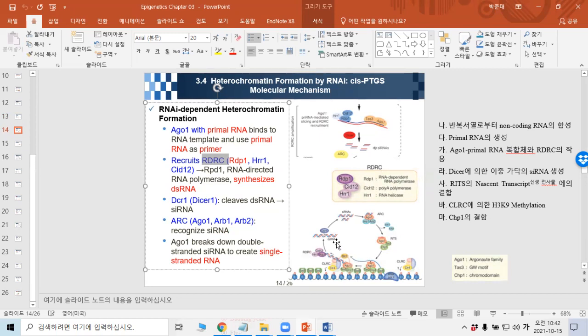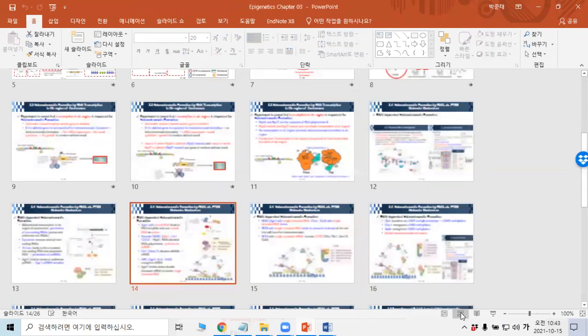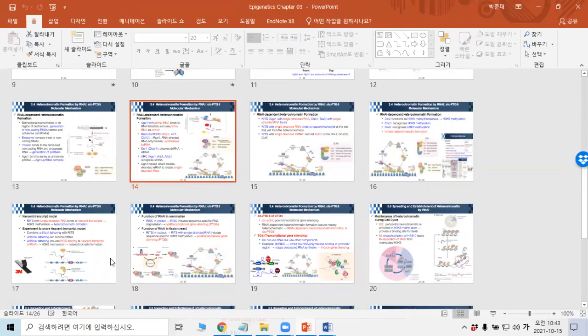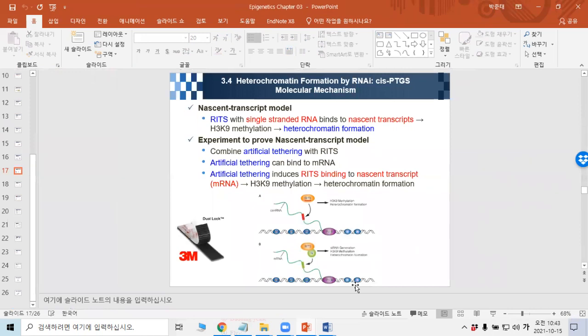They will synthesize double-stranded RNA like this. After that, there is a function like this. Finally, they will make the RITS structure like this. We also covered this in our homework. This is the experiment.